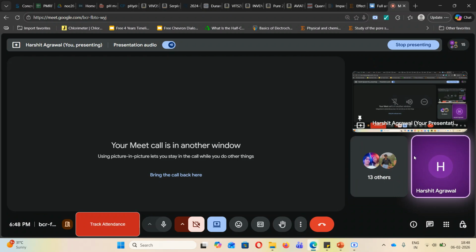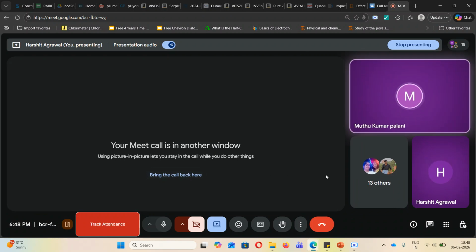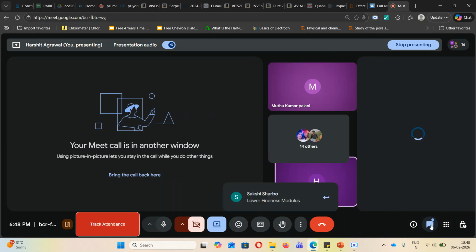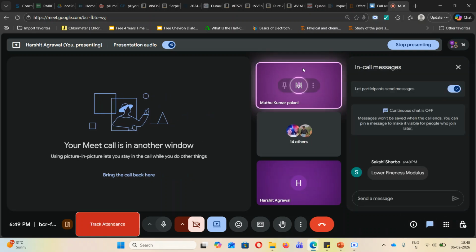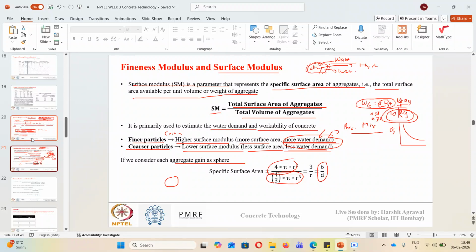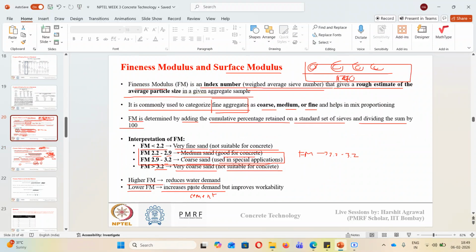Hello, we are hearing. Yeah, actually, at the end of the fineness modulus slide it was cut, and I have raised one question: where are the fineness modulus limits mentioned? I mean, is there any code standard for that?